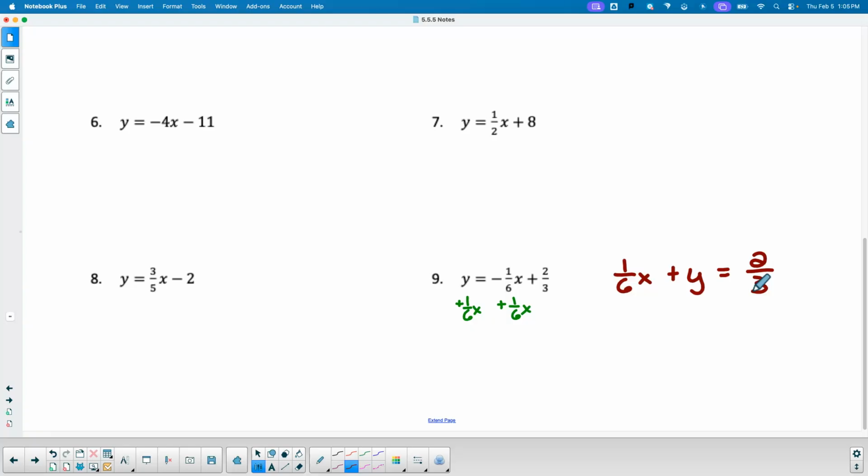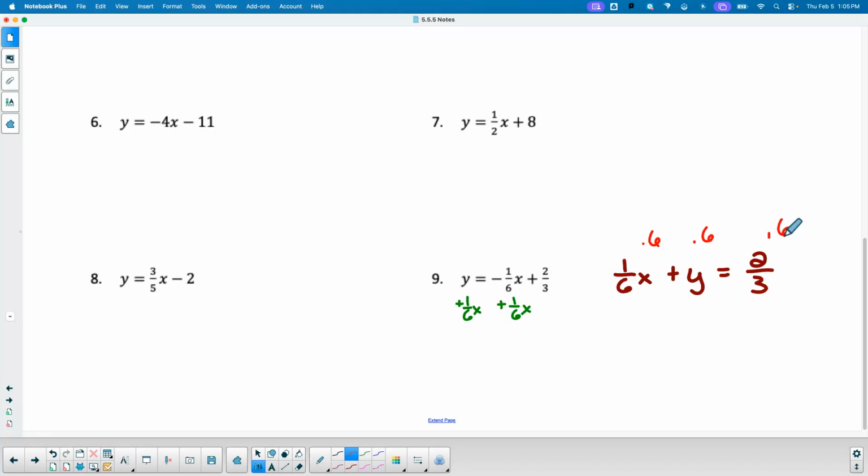But last night on the homework we said let's go to true standard form and let's get rid of those fractions. So if I'm looking at the denominators, 6 and 3, the nice thing is that 3 evenly goes into 6, twice. So that means that I can multiply every term just by 6. And it should clear both fractions all at once.